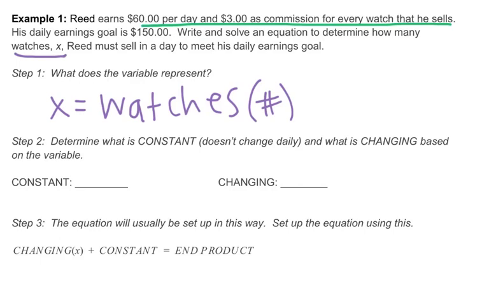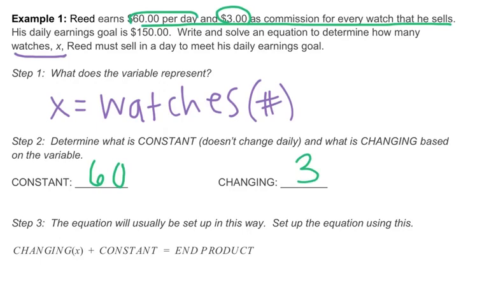Which one of those is guaranteed on a daily basis? Well, $60, right? Because he earns $60 per day no matter what. So that's going to be the constant. And what is changing depending on his commission and the watches? Well, that's $3, right? So he gets $3 per watch. So that's what's changing.